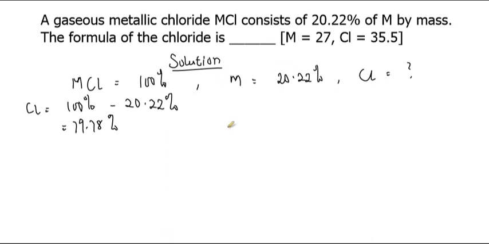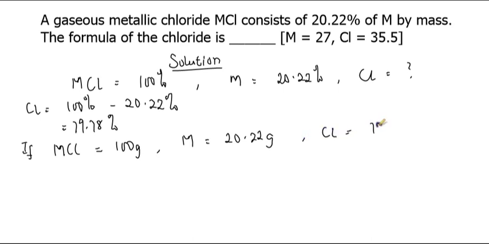So if the mass of the chloride is 100 grams, that is if MCl equals 100 grams, then the mass composition of M, which is 20.22%, can also be taken to be 20.22 grams, while that of chlorine will also be equivalent to 79.78 grams.